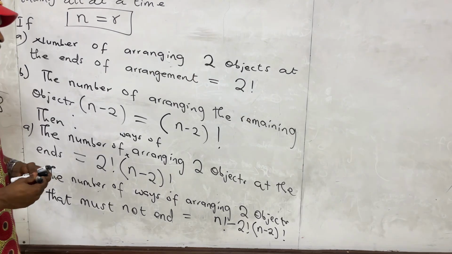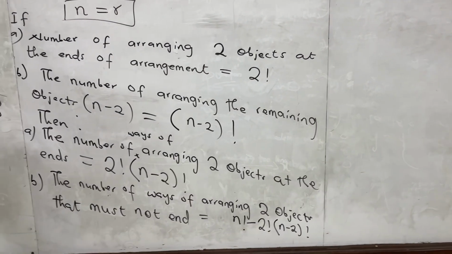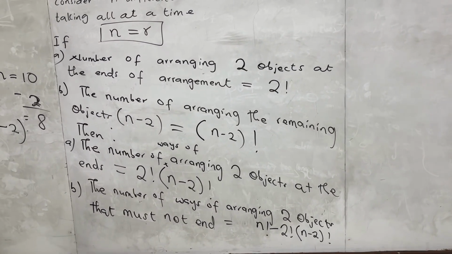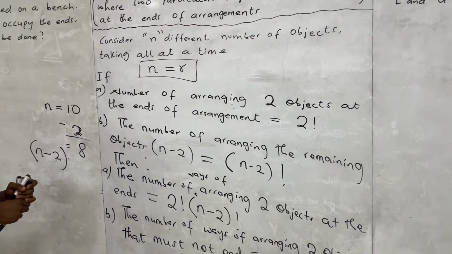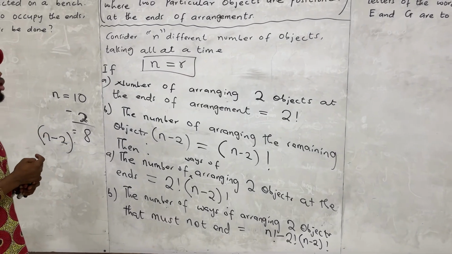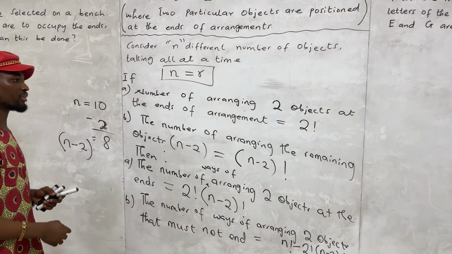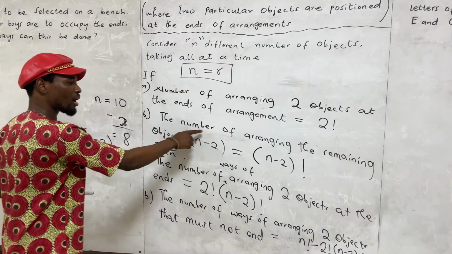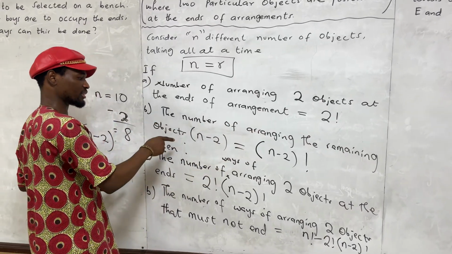So viewers, these are the formulas to be employed when you have questions where you are supposed to position particular objects at the end of the arrangement. So the number of arranging the remaining objects.